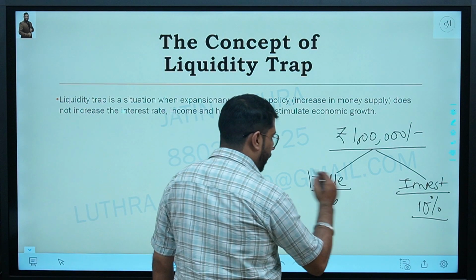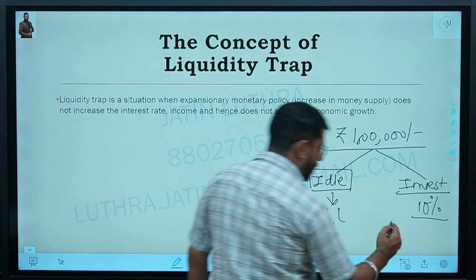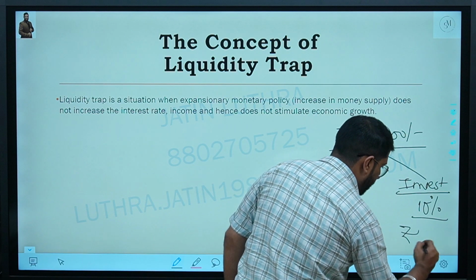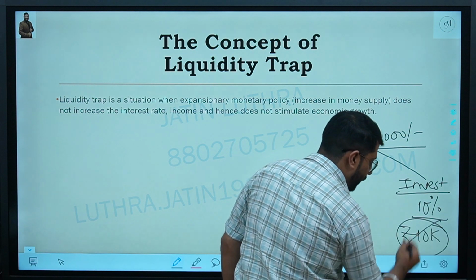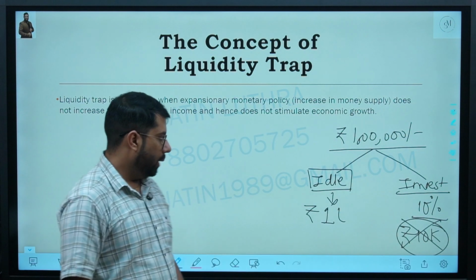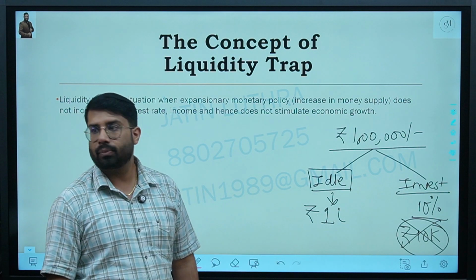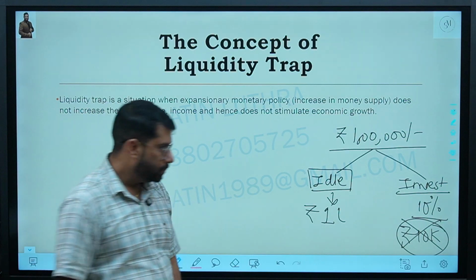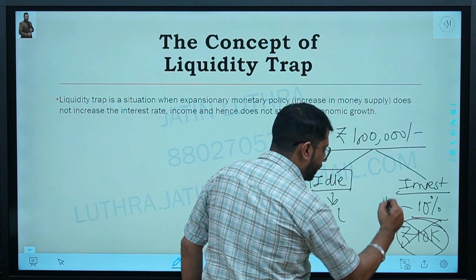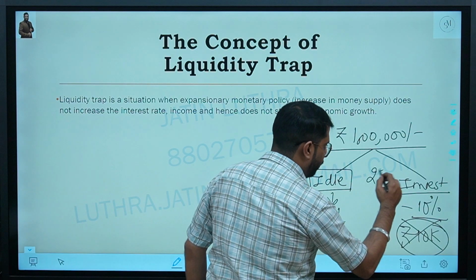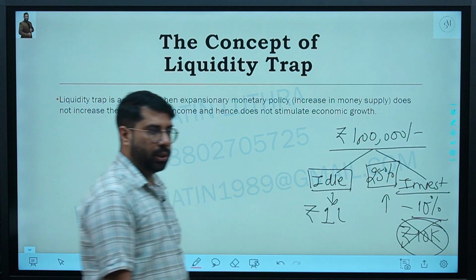Now, it means if I keep this 1 lakh rupees idle with me, I am losing a return of 10,000. Yes or no? Yes, sir. It means this is my opportunity cost of holding the money idle. Yes or no, people? Yes, sir. Correct? Now, if this rate of return increases from 10 to 25%, what do you think?